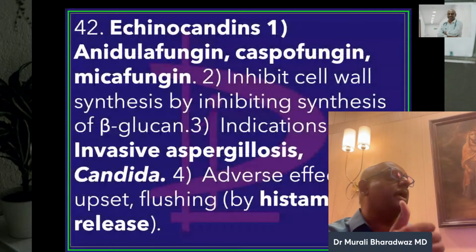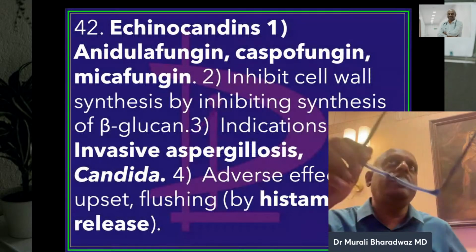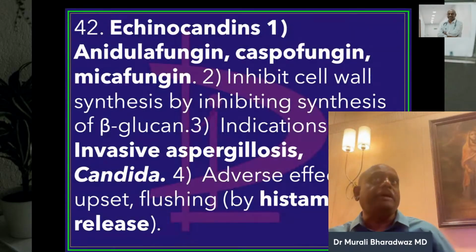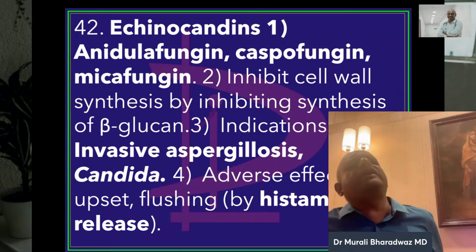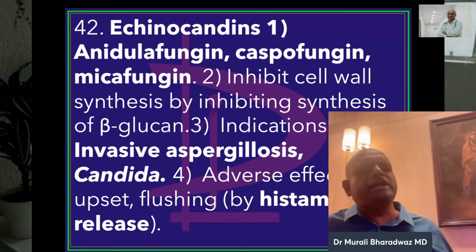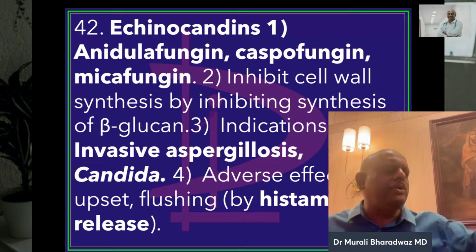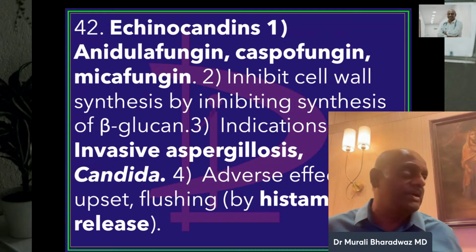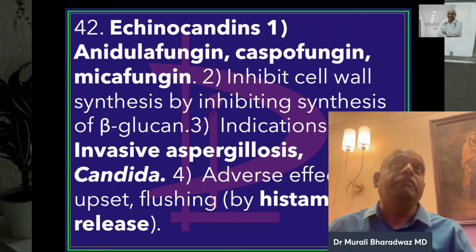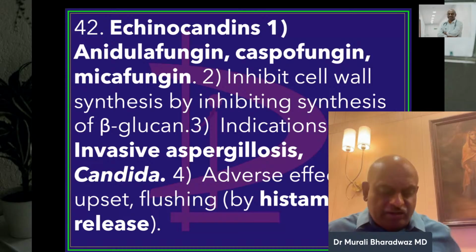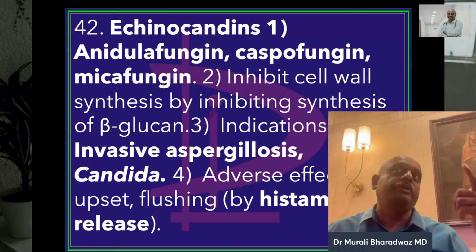Terbinafine, onychomycosis. Then comes echinocandins: anidulafungin, caspofungin, micafungin. Whenever aspergillosis becomes invasive, it will catch the blood vessel and expand and lead to necrotic lesions in multiple areas. Invasive candidiasis, very dangerous. Candida, echinocandins are used. But they can lead to release of histamine. That's the reason there is an intense flushing of the body when you give this.